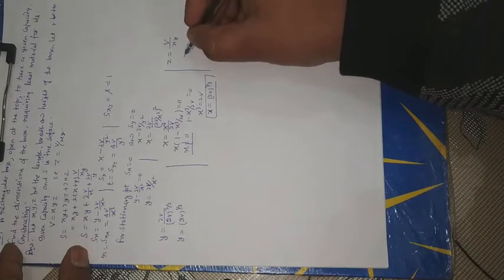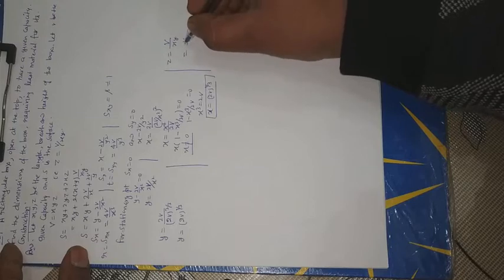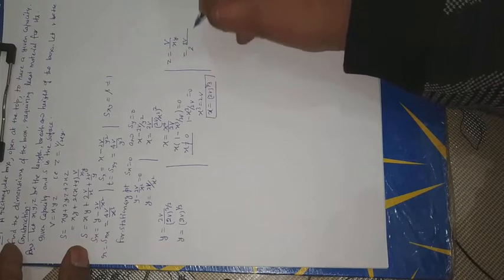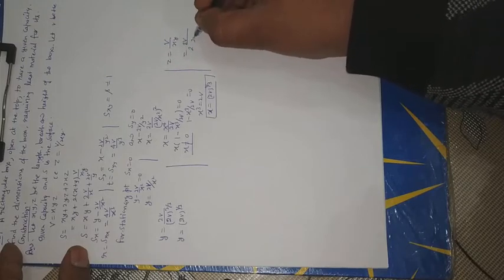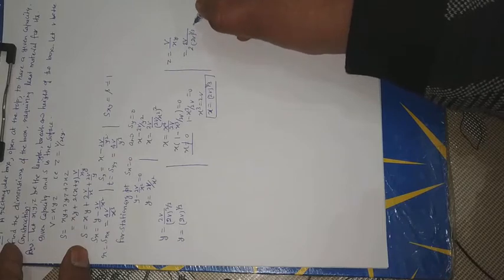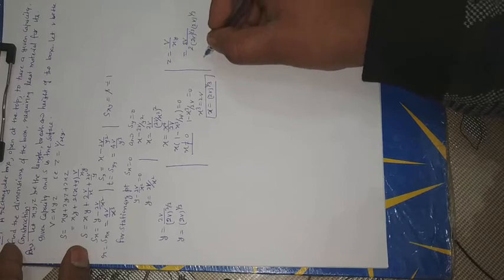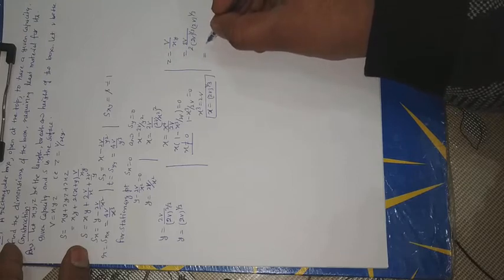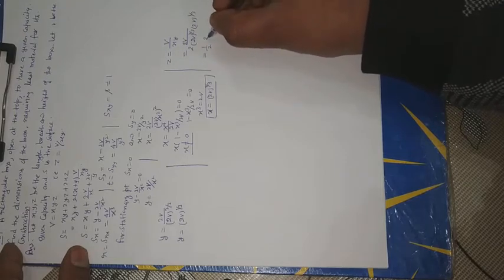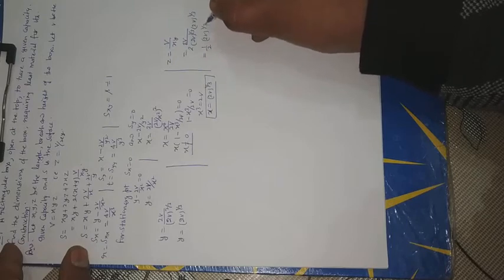This is equal to V upon (2V) whole power 1 upon 3 multiplied by (2V) whole power 1 by 3, that is 1 upon 2 (2V) whole power 1 upon 3.